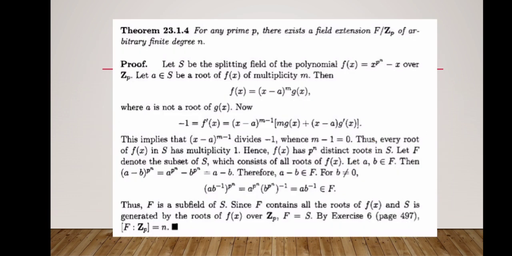Theorem 23.1.4. For any prime p, there exists a field extension of arbitrary finite degree n. Proof. Let S be the splitting field of the polynomial f(x) = x^(p^n) minus x over GF(p).